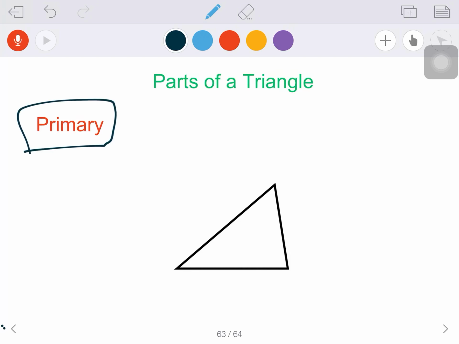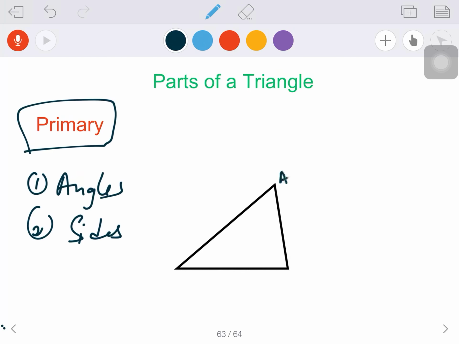When you talk about primary parts of a triangle, we refer to number one, angles, and number two, the sides. So in this triangle, we need first to name the triangle in order to identify its angles and its sides. So if this is triangle ABC, what are the angles?